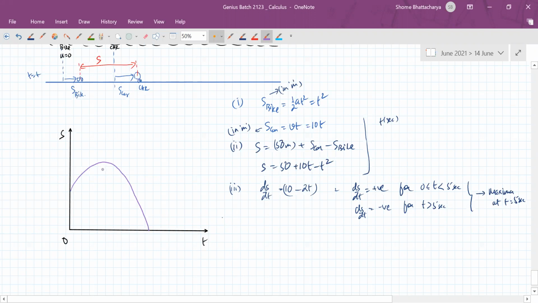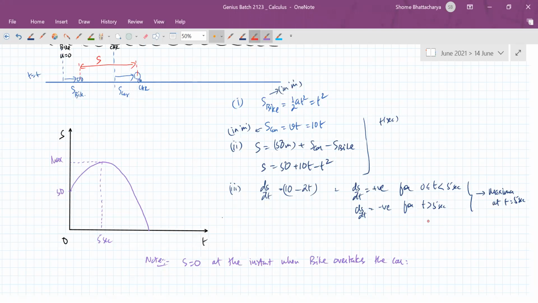And we analyze only up to this point because s is equal to 0 at the instant when the bike overtakes the car. So we'll find out that value. Okay. But one thing we know is that this value of time, when the distance reaches the maximum before it overtakes, this value of time will be 5 seconds. That's much we know.